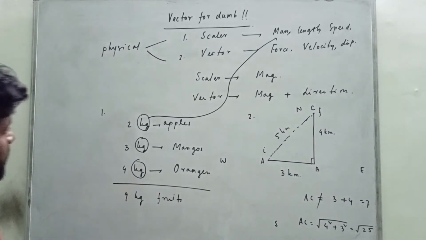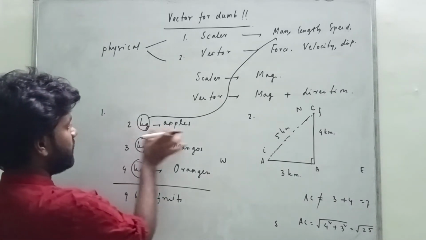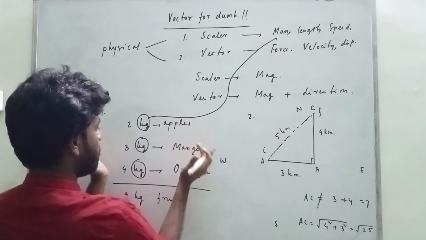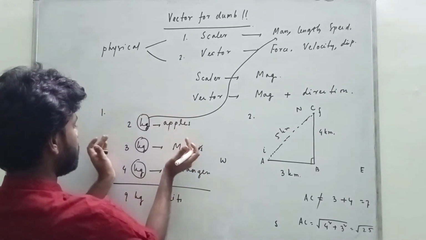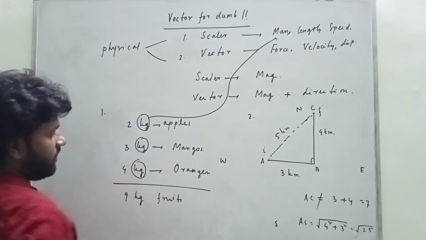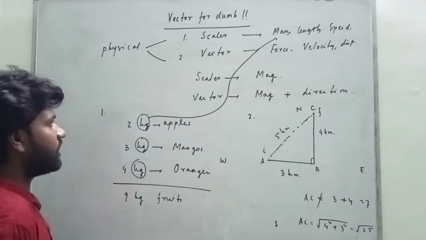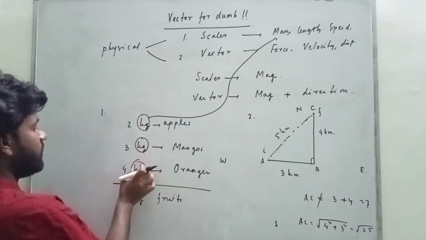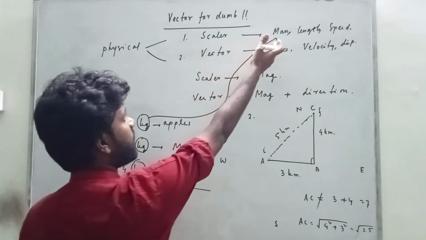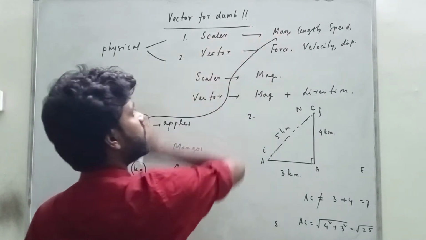So just the addition of scalar quantities, I mean the total amount of fruits here, 2 plus 3 plus 4, will give 9 kg of fruits. That means in the addition of scalar quantities, kg is the unit of mass and mass is a scalar quantity.